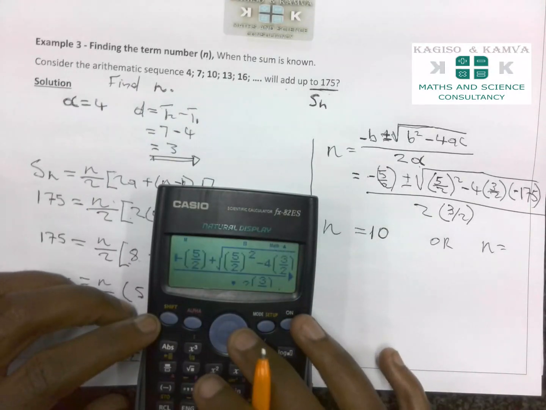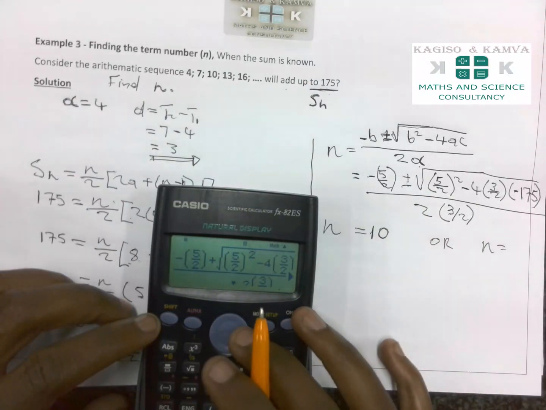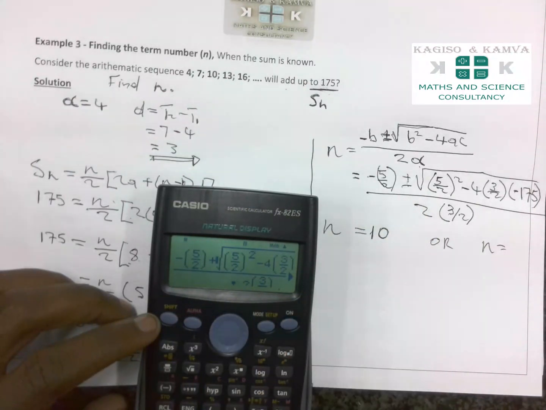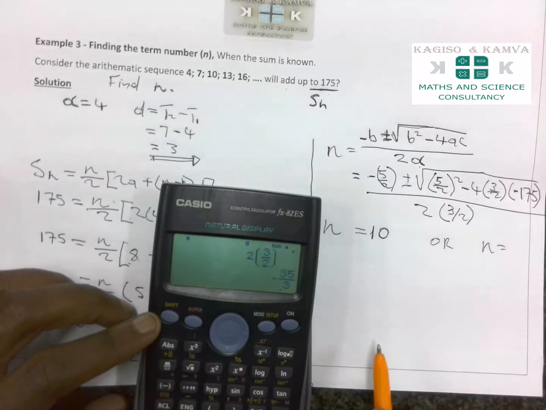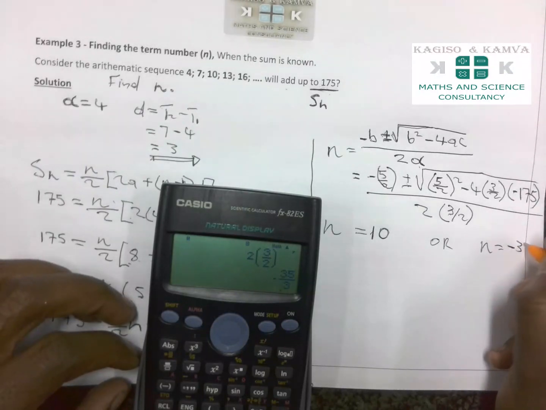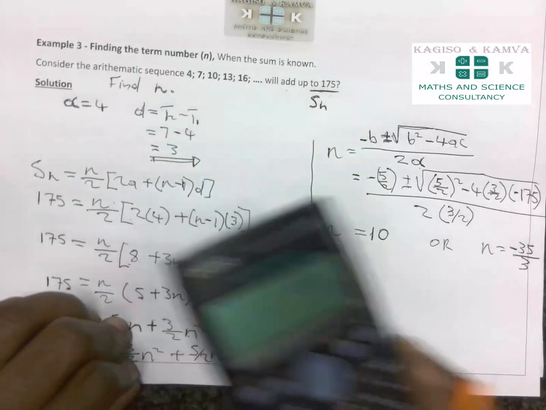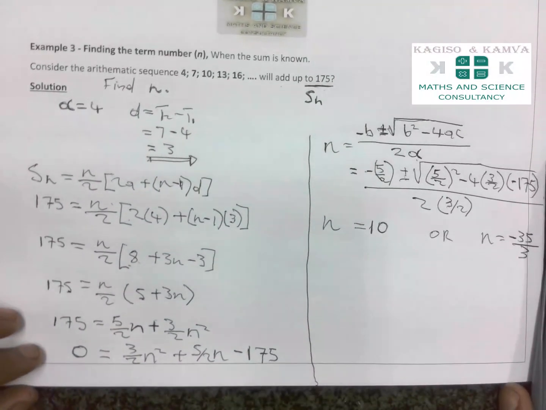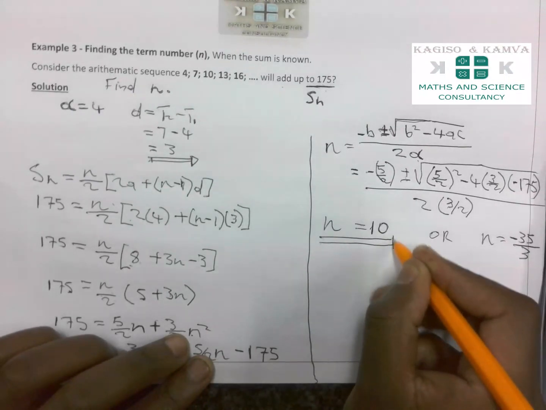And now we have to use the negative sign there. So I'm just going to delete the positive sign here and use negative. So what do we have? We have negative 35 over 3. Okay, and the correct one is n is equal to 10.